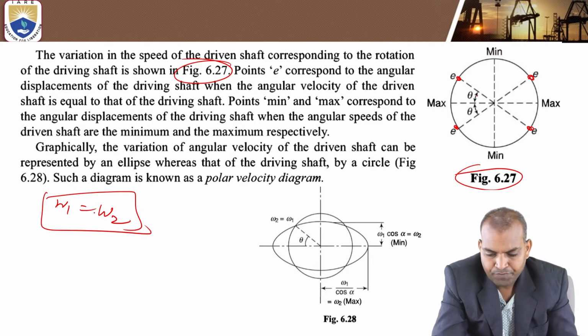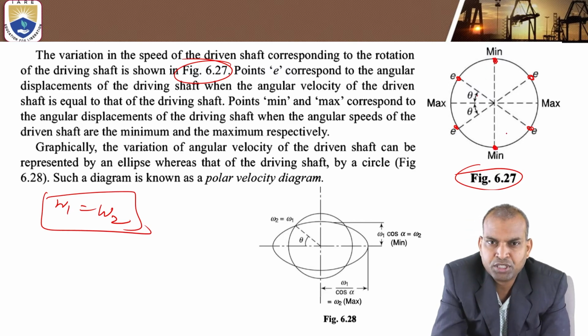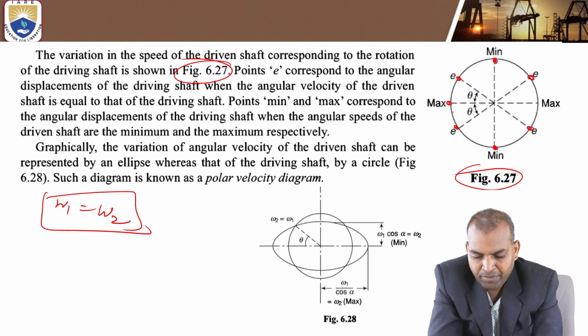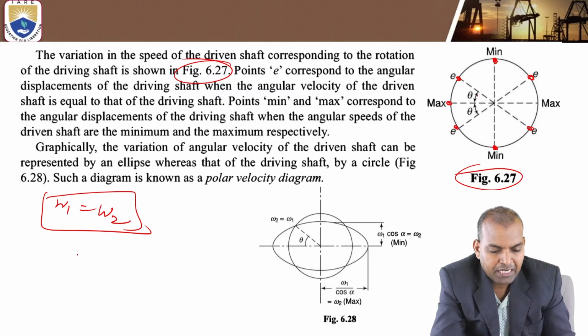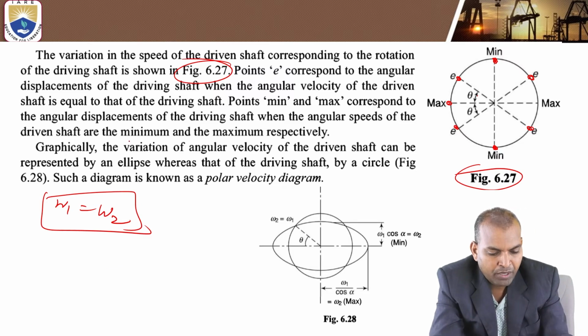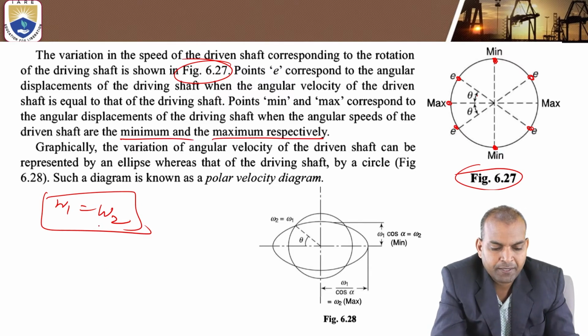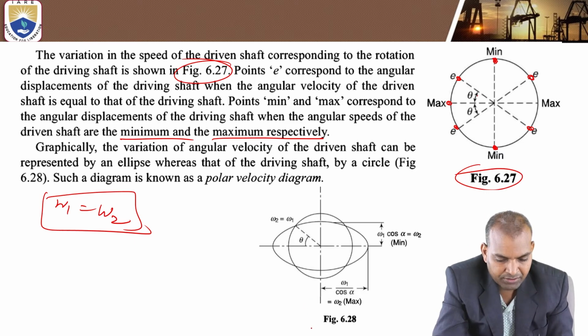The minimum and maximum points, a minimum here and a maximum on the top, and maximum on both sides, correspond to the angular displacements of the driving shafts when the angular speeds of the driven shafts are minimum and maximum respectively. Graphically, this is the representation.